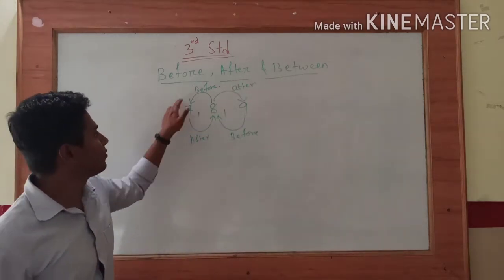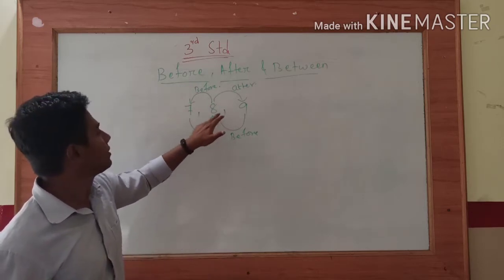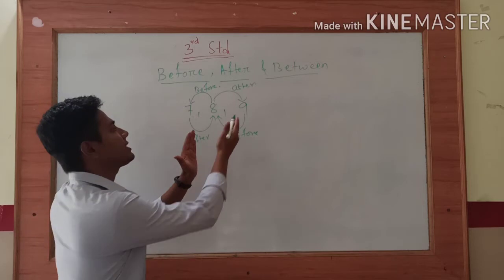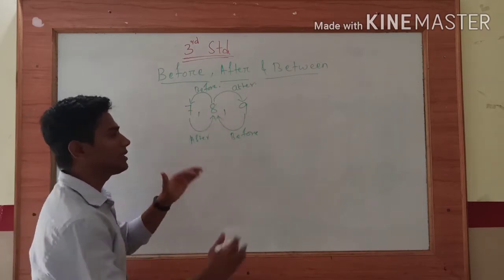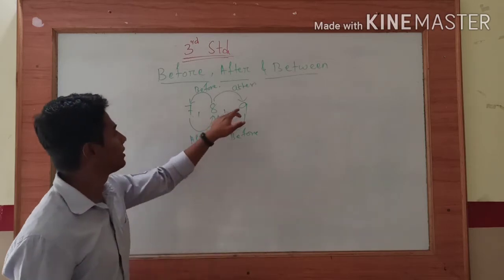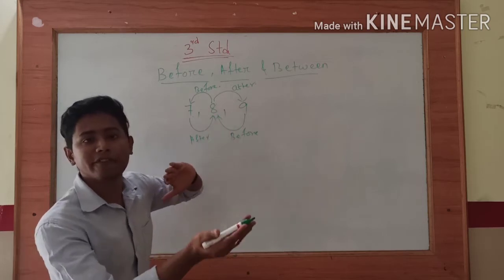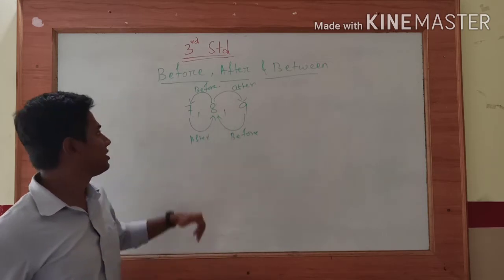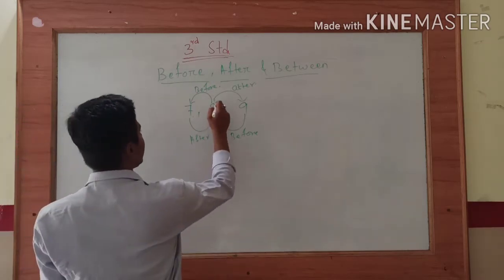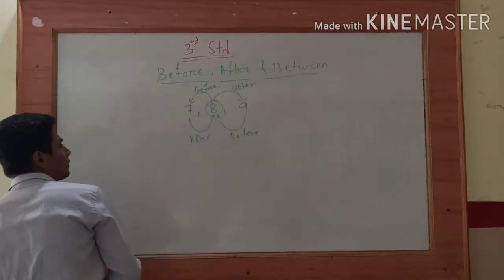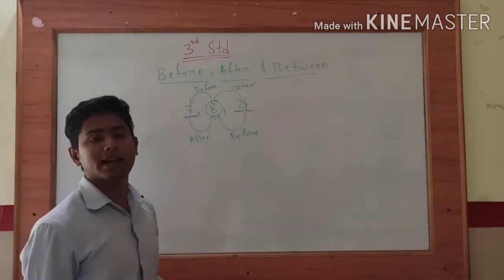So 7 is before 8, means back, and 8 is before 9. 8 is after 7, means go ahead, the next number. 9 is after 8, means the next number. So this is before, after. Now between. So 8 is present in between 7 and 9.